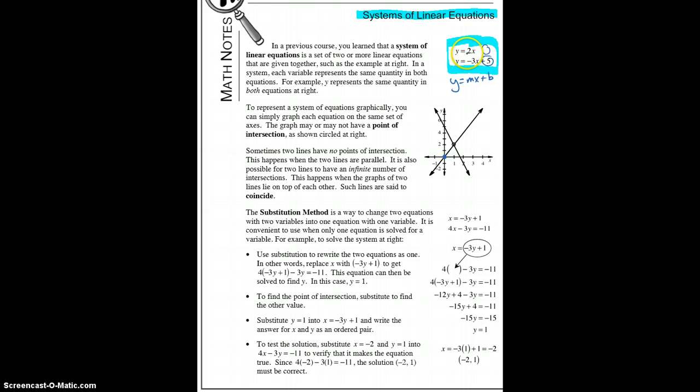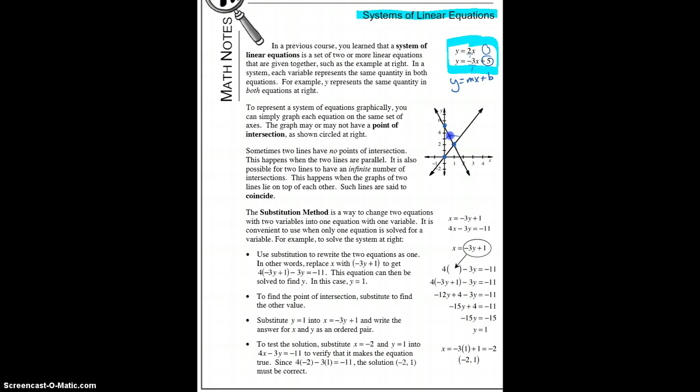Our slope is 2, so I'm going to place that 2 over 1, and I'm going to come over here and count up 2 and over 1, and you can see that the line is drawn. The same thing happens with the second equation. 5 is the y-intercept, and the slope is negative 3 over 1, so we count down 3 to the right 1, and we create our second line.